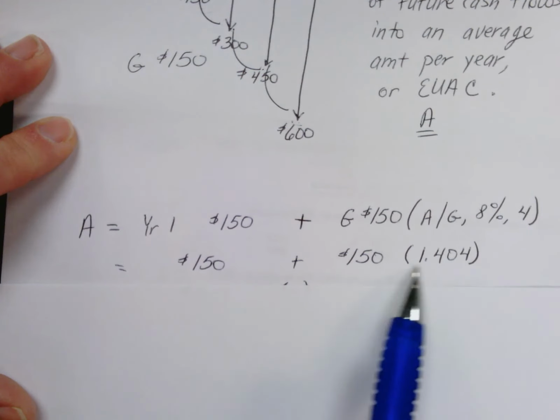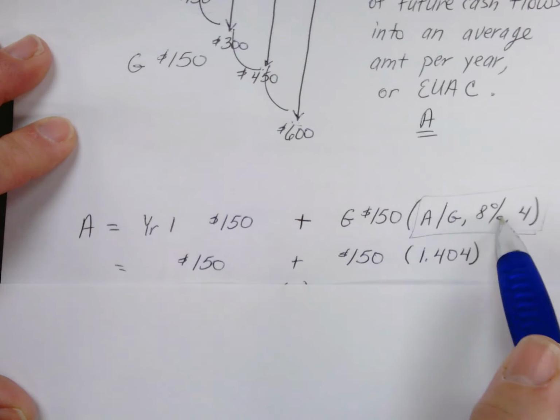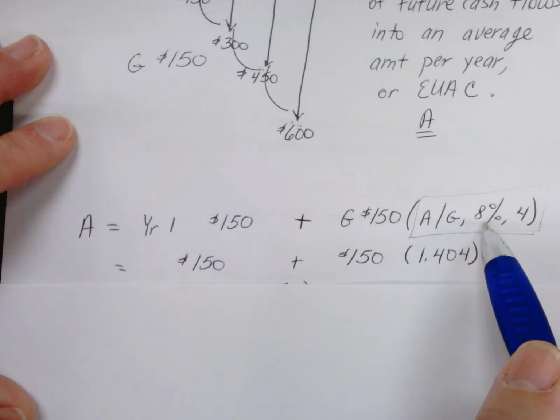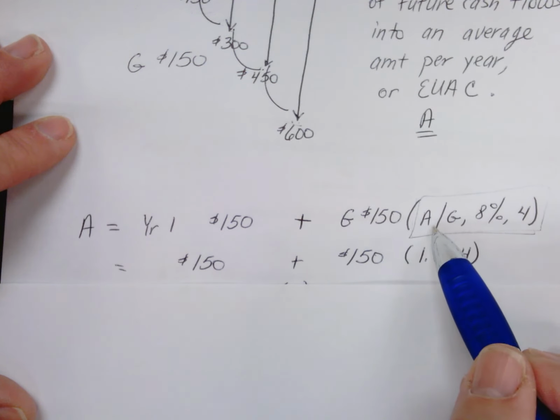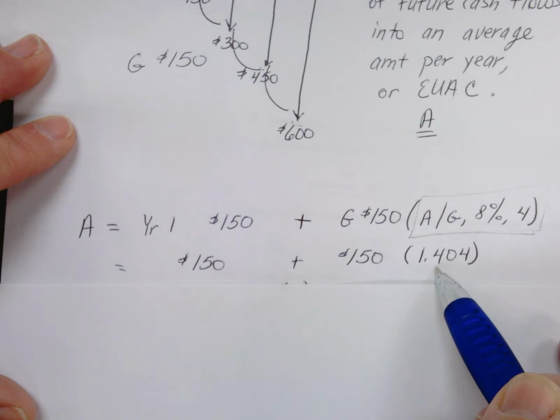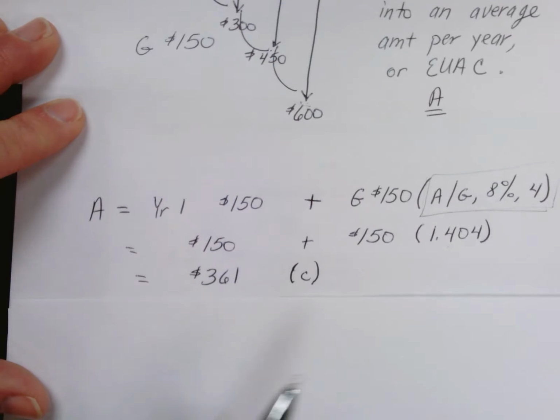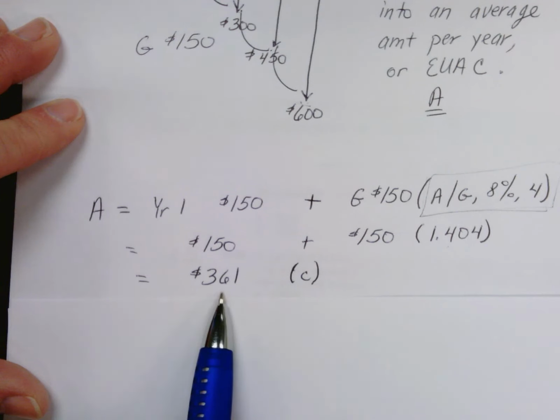$150 plus 150 times the factor from this area of the 8% interest tables. We go to the find A given G column, down to n equals 4, and here's the factor. So multiplying all that out and then adding the first year's cash flow, the answer is $361.